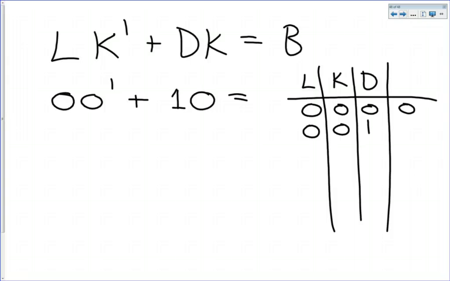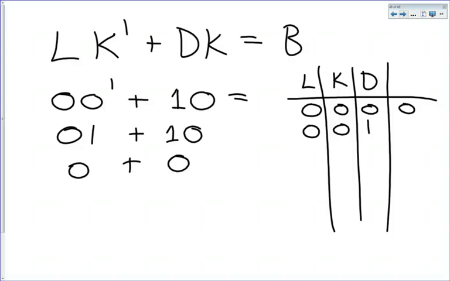So we'd use BEDMAS. This is done first, right? So it's this, 0, 1. Next, BEDMAS, we do these two first. 0 and 1 is 0. 1 and 0 is 0. 0 or 0 is 0. We got our answer. Now we'll do it this way, 0, 1.